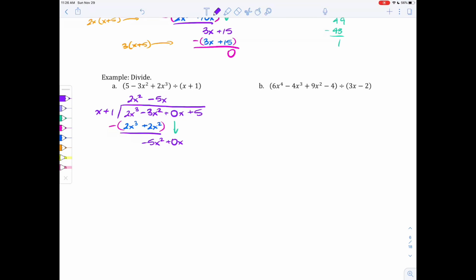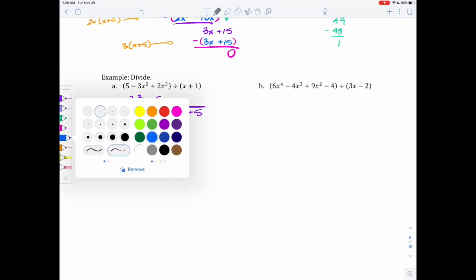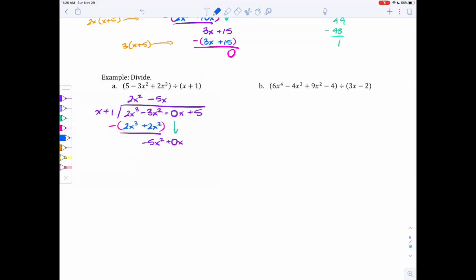And then we do our multiplication step, which is again this entire thing being multiplied by that entire thing. So negative 5x times all of x plus 1. Whoopsie daisies. So negative 5x times x is negative 5x squared. Negative 5x times 1 is negative 5x.